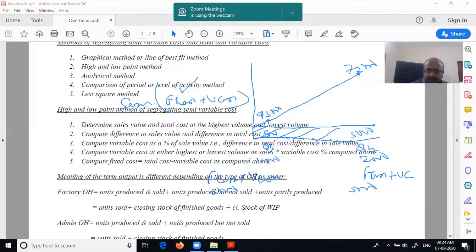So when you take the difference, this gets cut off, and only the variation of the variable cost remains. Divided by the change in quantity, you get the variable cost rate per unit.